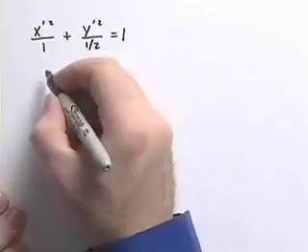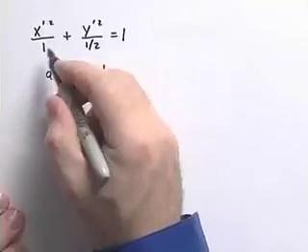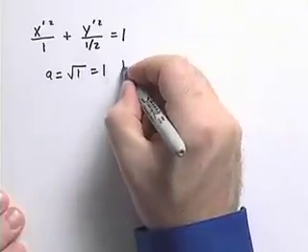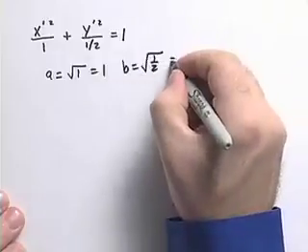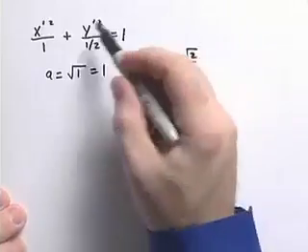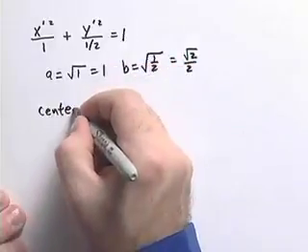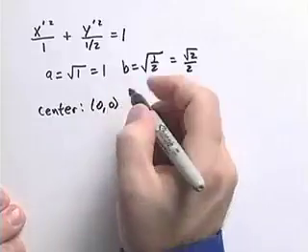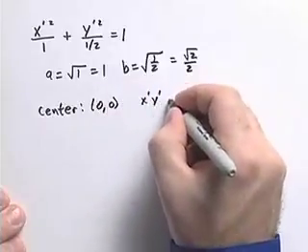In this form, we can see that a is equal to the square root of 1, which is 1. b is equal to the square root of 1/2, which will give us the square root of 2 over 2. This is the equation of an ellipse with the center at 0, 0 in the x prime, y prime plane.